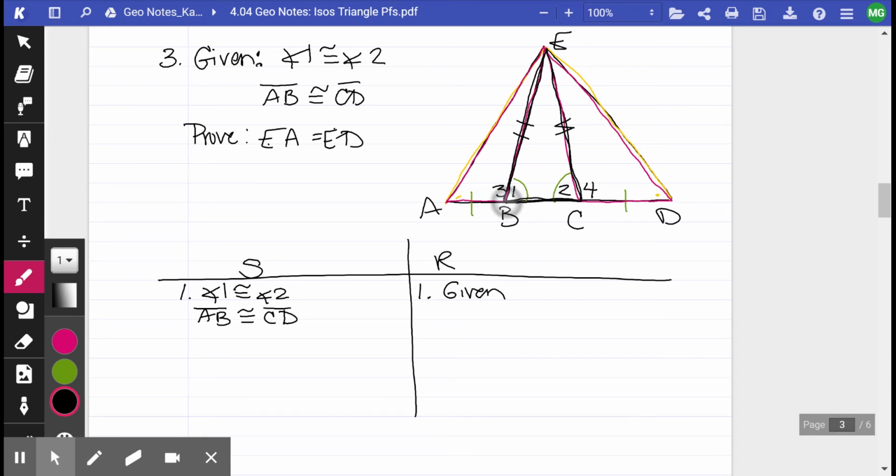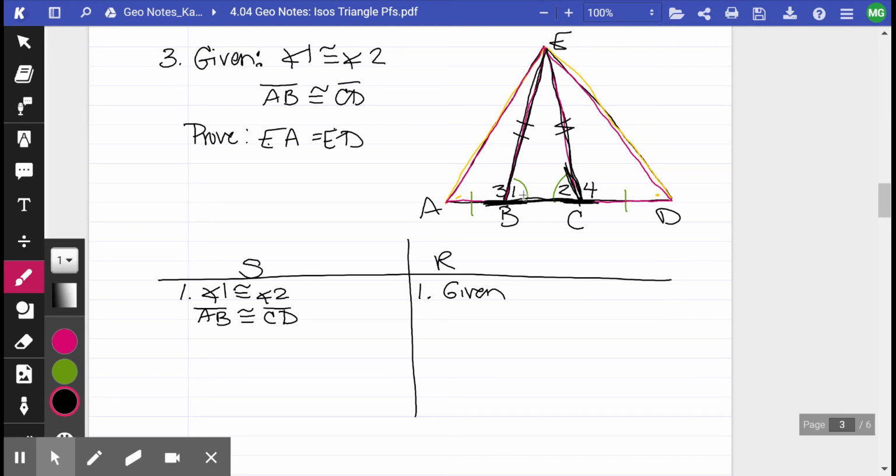So if I look here and I say, well, angle 1 and angle 3, those form a straight line together, so they would add to 180 or be supplementary. I know 2 and 4 also form a straight line together, they would add to 180 degrees, and they would be supplementary. And then I know 1 and 2 are the same. So let's say 1 and 2 are each 30 degrees.